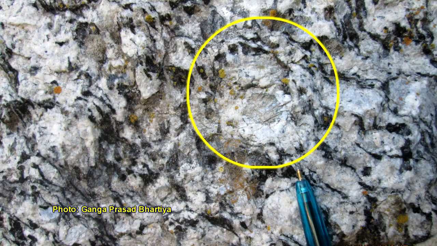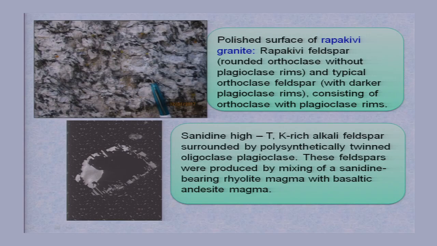These are rounded feldspar grains without plagioclase rims, and typical orthoclase feldspar with darker plagioclase rims. Some of the orthoclase have darker plagioclase rims. These are the darker plagioclase rims here. As a result, you get the formation of Rapakivi texture.